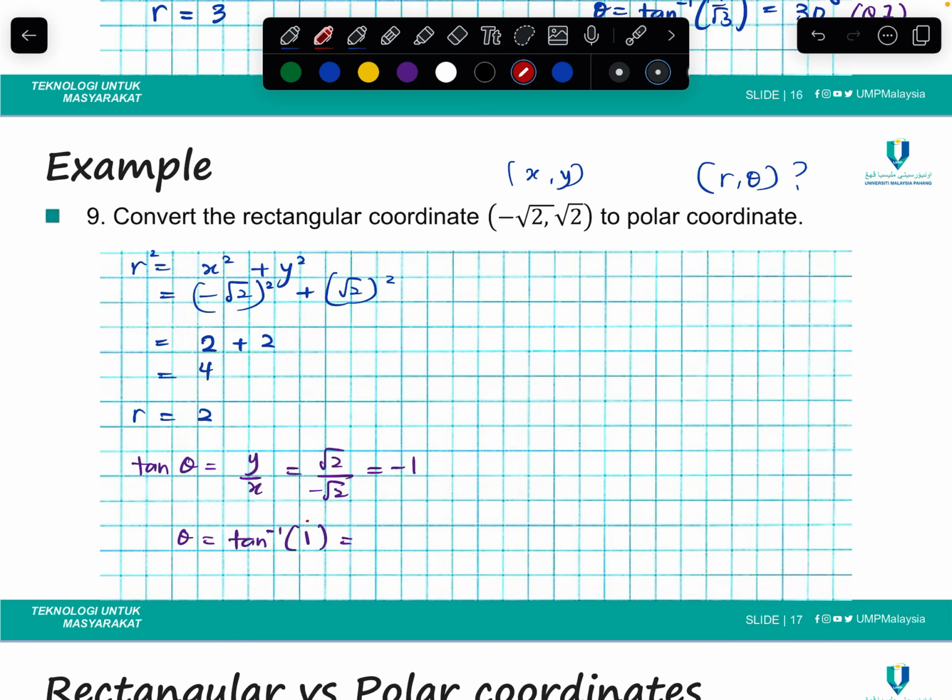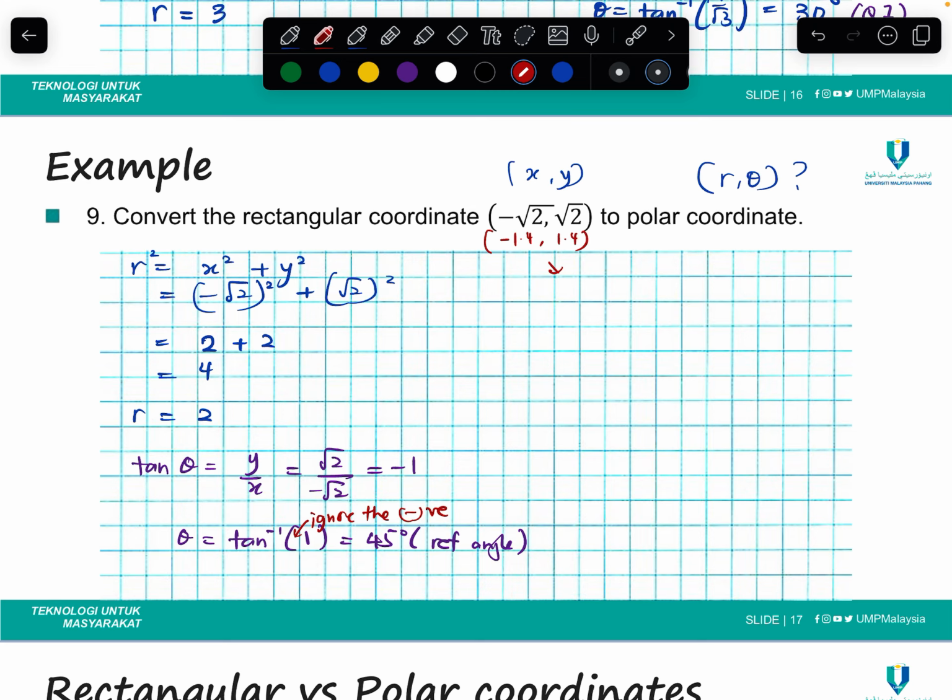We ignore the negative because we want to find the reference angle, because we will later determine the quadrant. Based on this value, negative square root of 2 is negative 1.4 and this is 1.4.